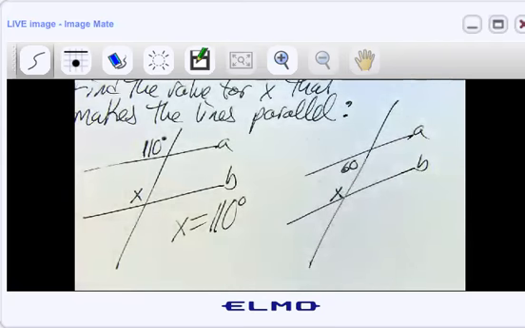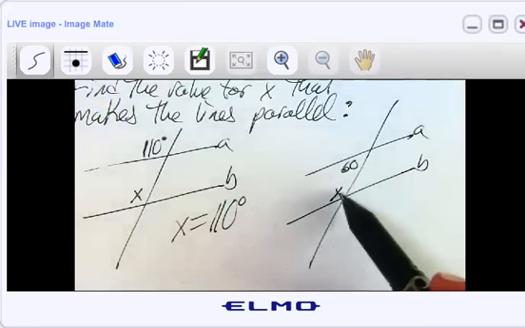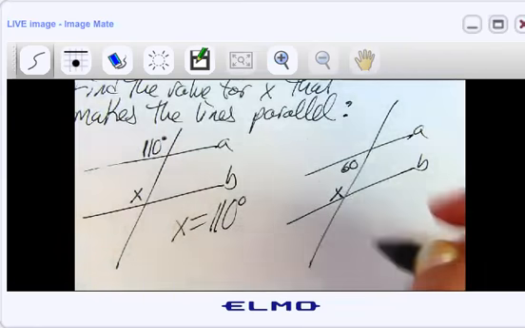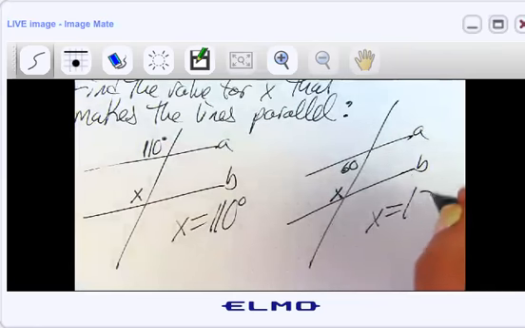X would have to be 120. Yes, 120, because what are these two? They're same side interiors. According to our chart on the other page, same side interiors have to be supplementary. So the only option in the whole wide world for x is to be 120. If it were anything other than 120, A and B are not going to be parallel to each other. So in this case, x has to be 120.